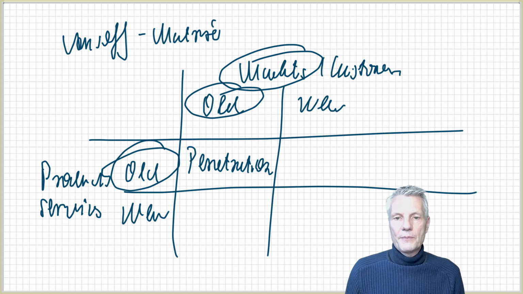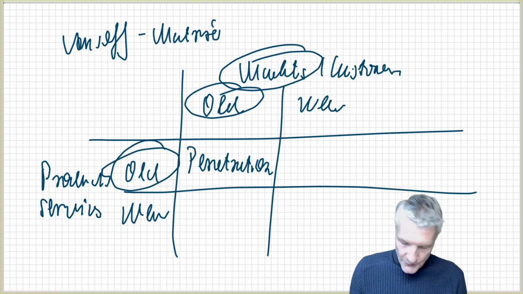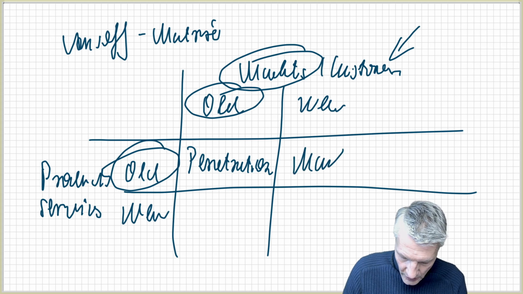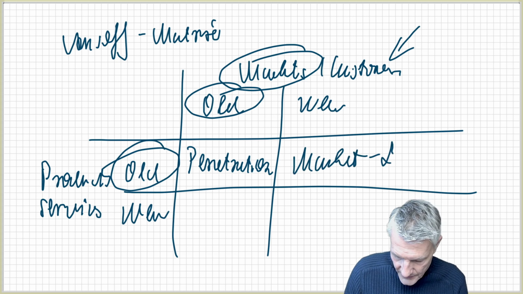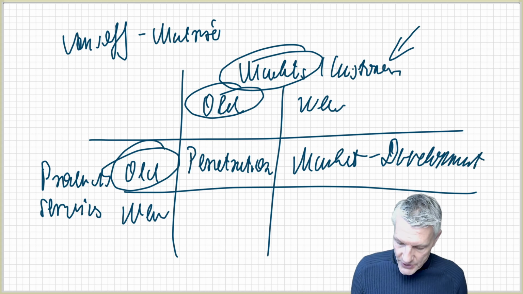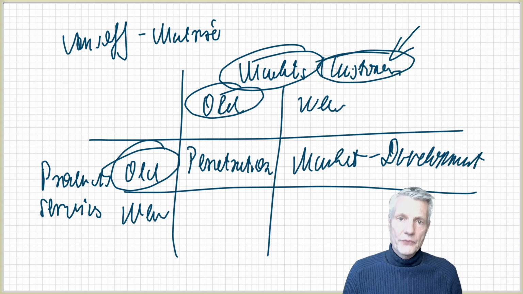Then the next step, what we do is we try to look at new customer segments or new markets. And that is what Ansoff calls market development. We also can call that customer innovation strategy if we are trying to look for new kind of customers for similar products.